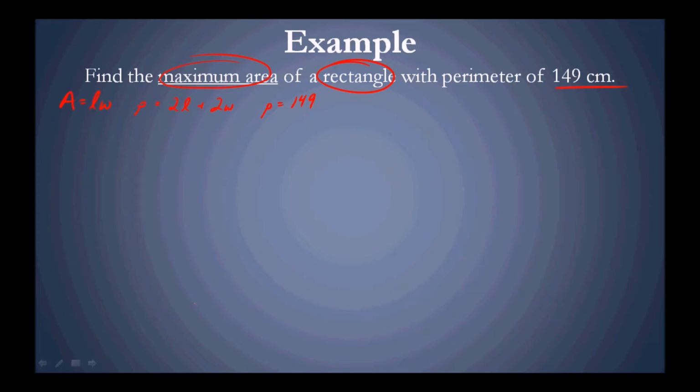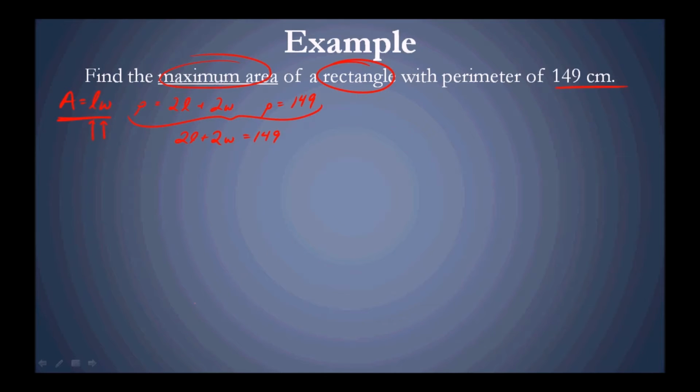units were. So first things first, we can set these two equal by eliminating P, so 2L plus 2W equals 149. At this point, since this is the second and only other formula we have, we need to eliminate one of the two variables in our area function.